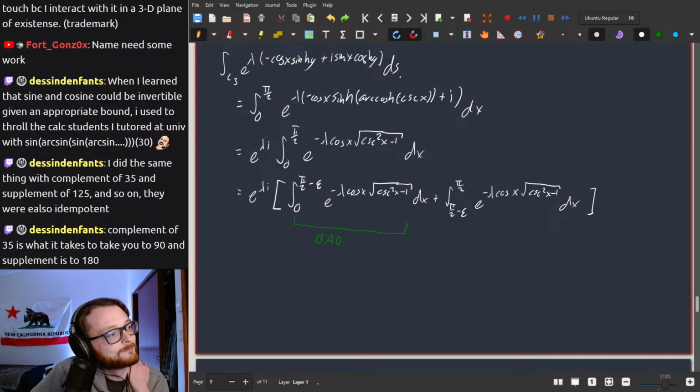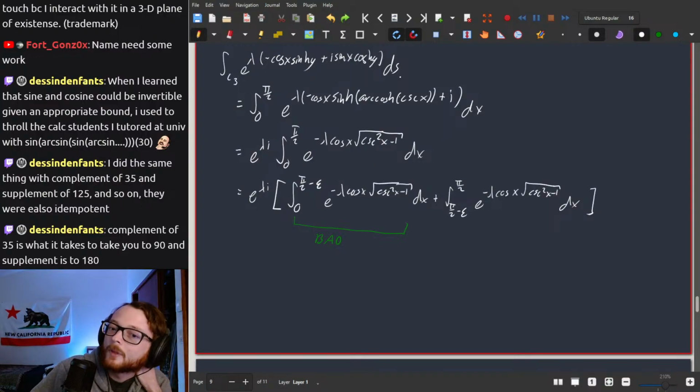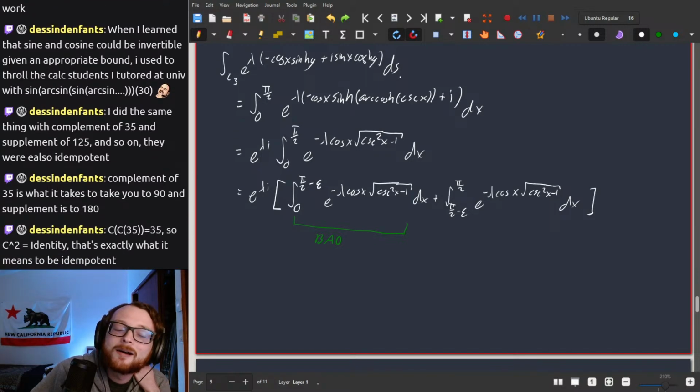Oh, you know what? This is an even function. Actually, I don't even need to necessarily worry about that.